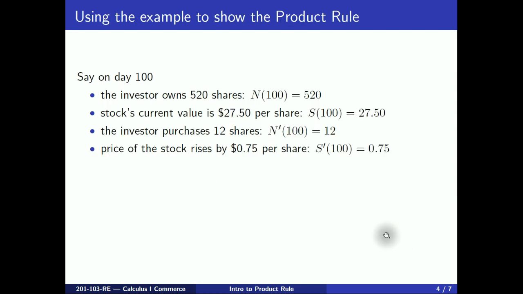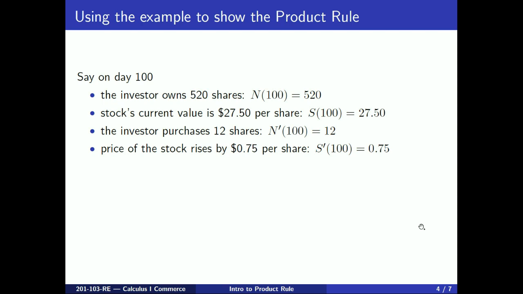So say on the 100th day, the investor owns 520 shares. So that is n of 100 is 520. Remember that the function n counts how many shares there are on a given day. The stock's current value is $27.50 per share. So that is s of 100 is 27.50. The investor purchases 12 shares.